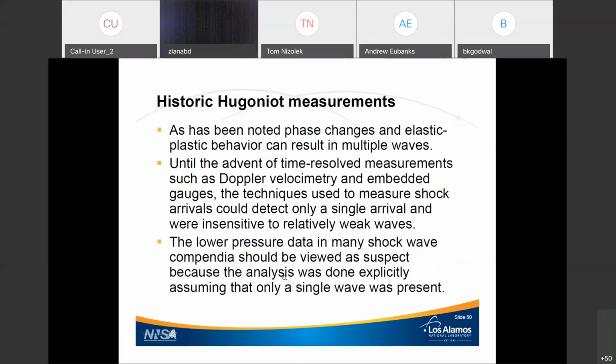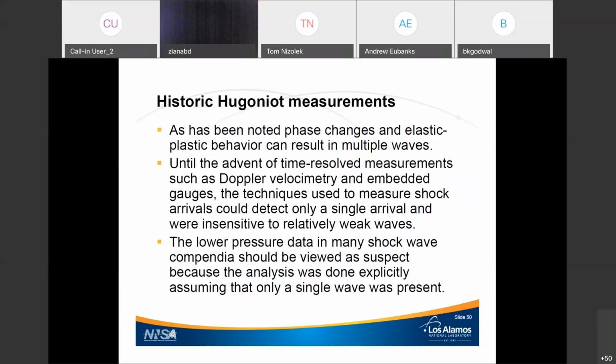Now, if you go to the Marsh Compendium, as I pointed out, you will find Hugoniot data for a large number of materials. Some of those materials, you can tell that there should be multiple waves. Most materials have elastic precursors at very low velocity.